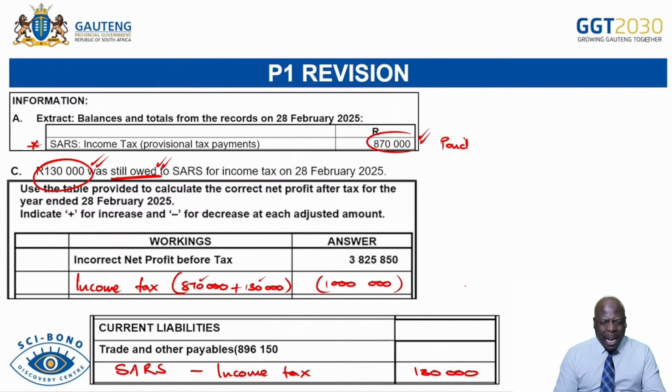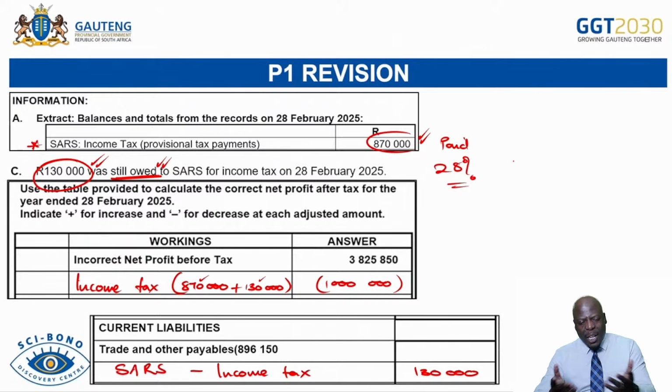Now the examiner can play around with this one. They can bring percentages, 28%. Several ways in which an examiner can test this. They can give you the net profit before tax and net profit after tax, and you have to figure out the difference. Or they can give you the balances, the way it's calculated from the cash flow statement, and you're bringing it here. Several ways in which this can still be calculated.